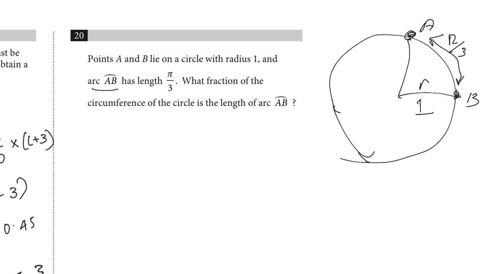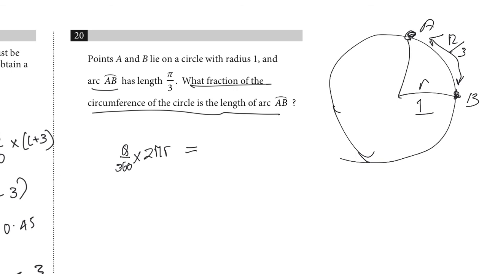What fraction of the circumference of the circle is this? Alright, so we know the length of the arc is theta by 360 into 2 pi r, right?